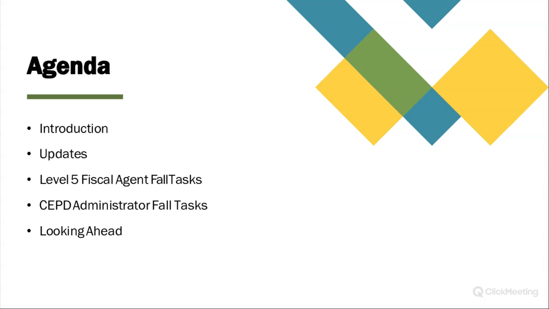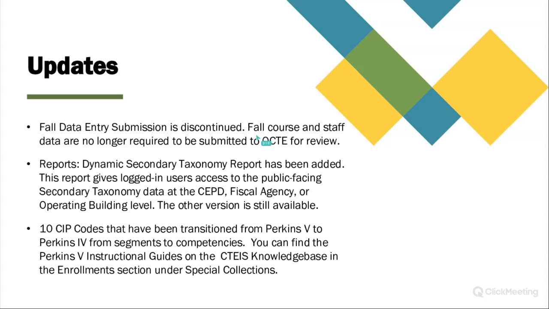After we review all of our fall tasks, we're going to go into looking ahead, and that's just to let you know of all of the collection periods that are coming up and to prepare for the spring. We're going to let you know some of the spring dates that are coming up in 2025. So let's go ahead to our third slide now, and this is our updates.